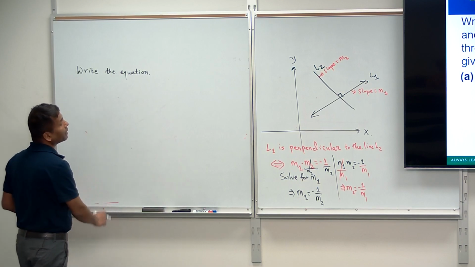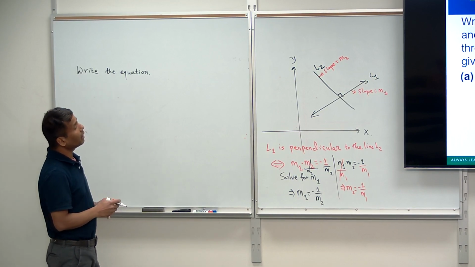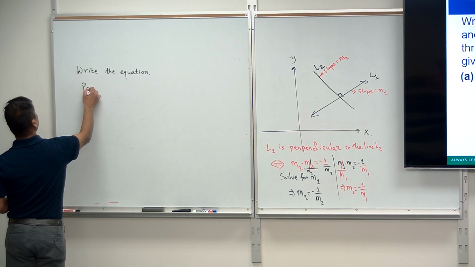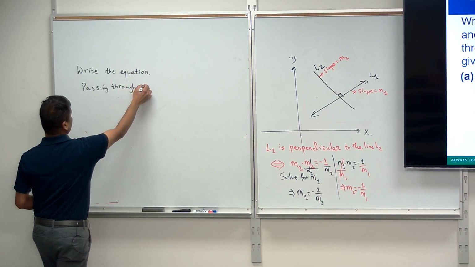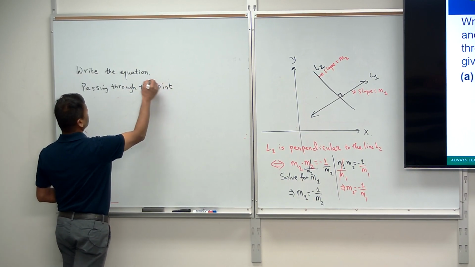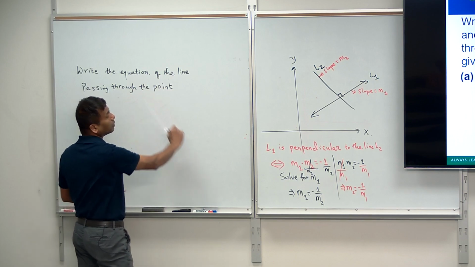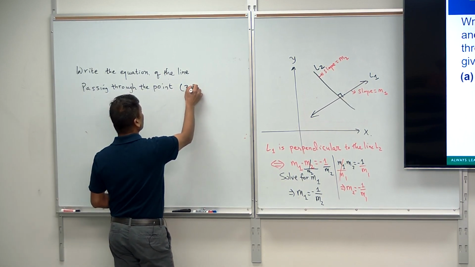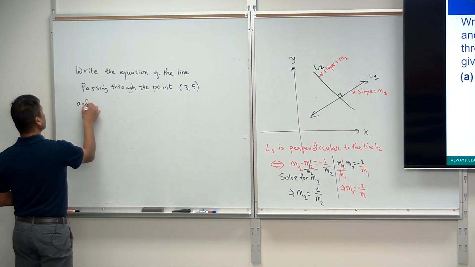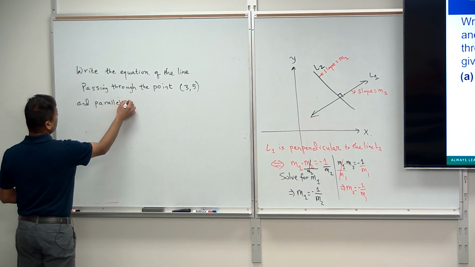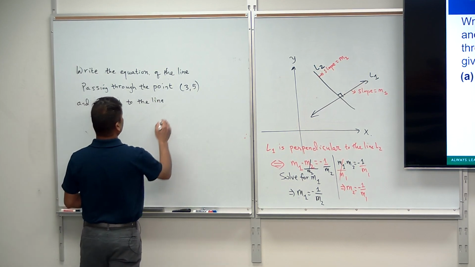Write the equation of the line in both slope-intercept form and standard form, passing through the point (3, 5) and parallel to the line 2x plus 5y equals 4.